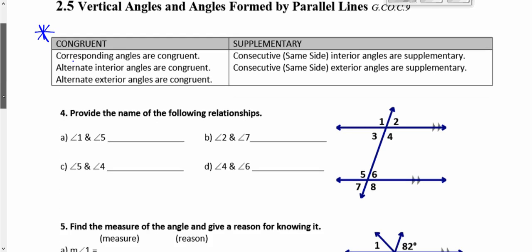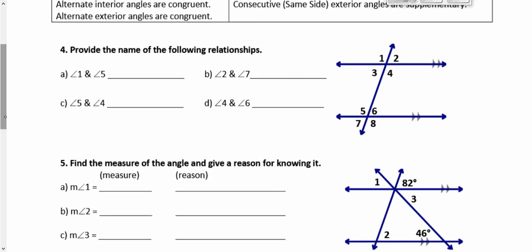So right here, let's get started and provide the name for the following angle pairs. So angle 1 and 5, what would we call those? Well, it can't be alternate because they're on the same side, right? Corresponding angles. Think of the translation, right?